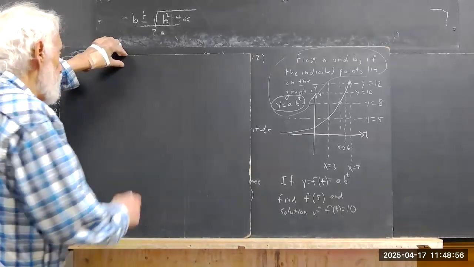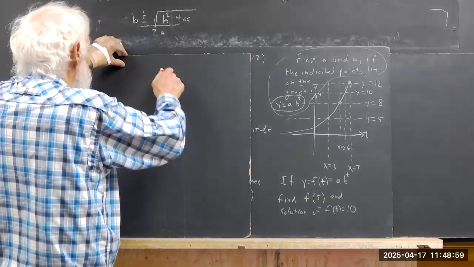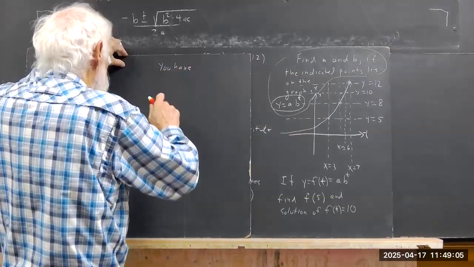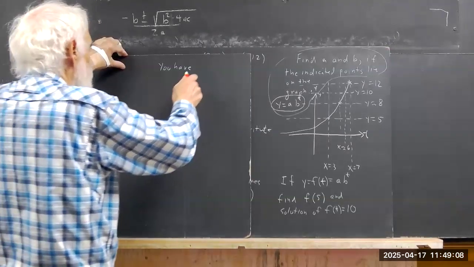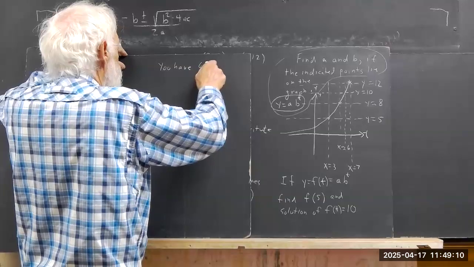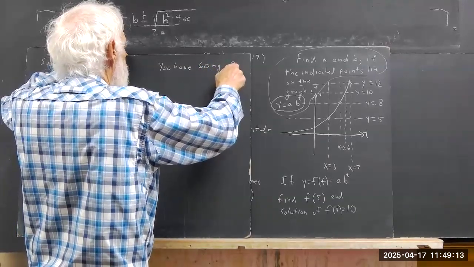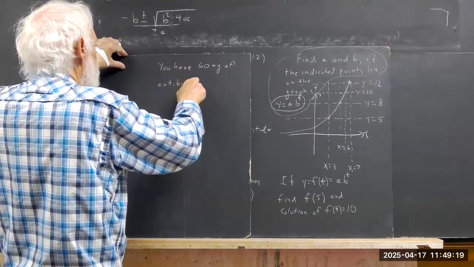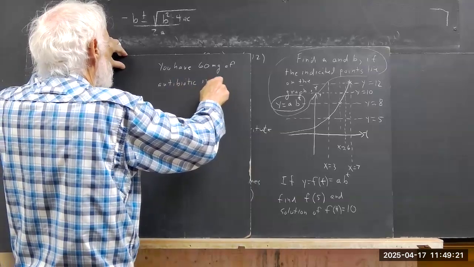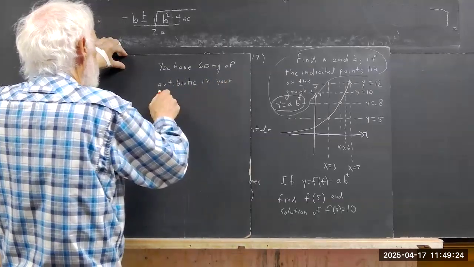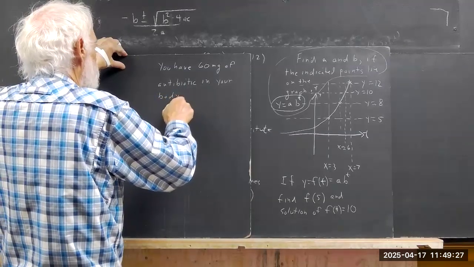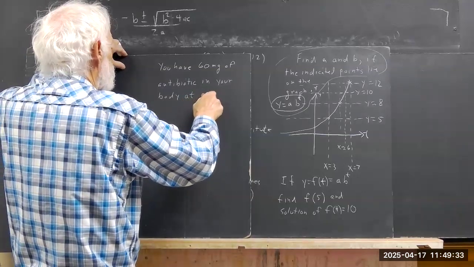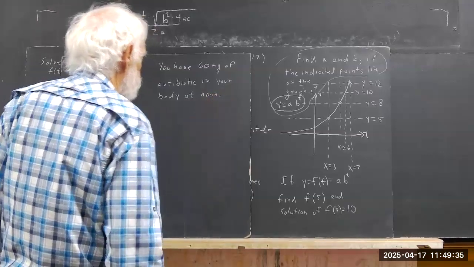Typical problem. You have 60 milligrams of antibiotic in the body at noon.